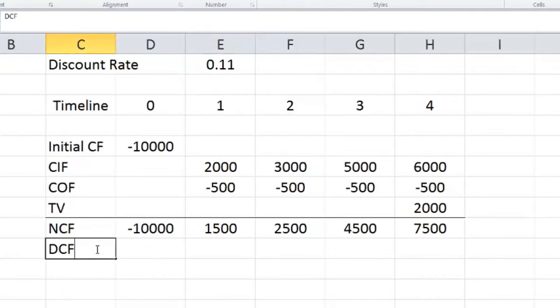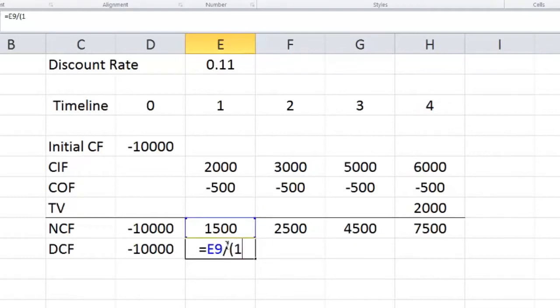So our discounted cash flows, we don't need to discount this cash flow in year 0 because we're discounting back to year 0. But here we'll discount $1,500, and we'll do that one time at this 11%. Same thing here. We'll discount this once.